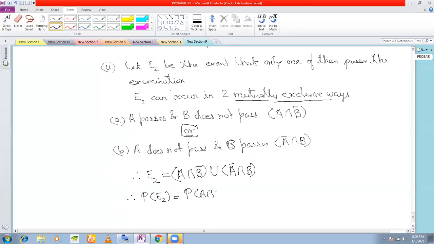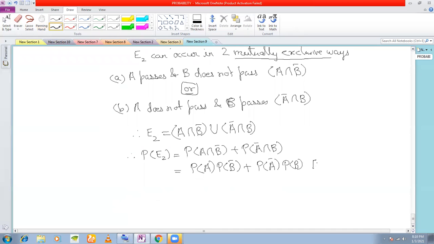P(A intersection B bar) plus P(A bar intersection B), which is P(A) into P(B bar) plus P(A bar) into P(B), right? Why? Because A and B are independent events.